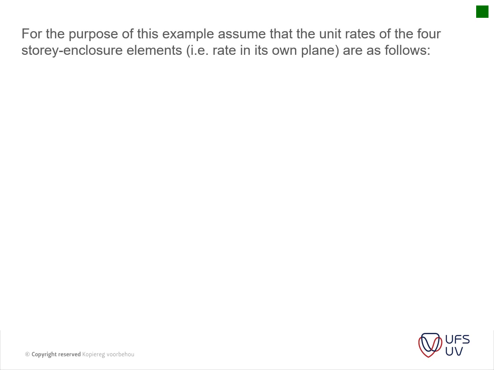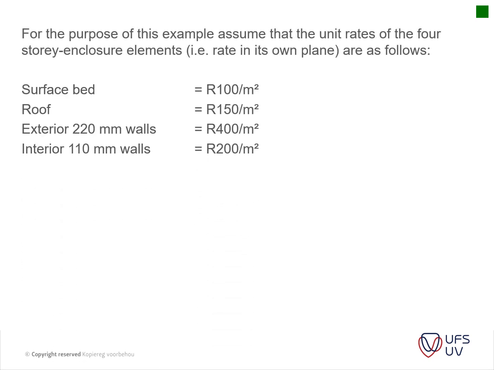Okay, so for the purpose of this example, assume that the unit rates of the four storey enclosure elements, i.e. the rates in its own plane, are as follows. So this is the historical data of the building. We've got the surface bed, which is 100 Rand per square meter. We've got the roof area, which is 150 Rand per square meter, and we've got the exterior walls, which is 400 Rand per square meter.